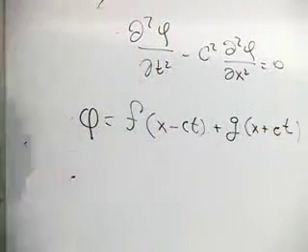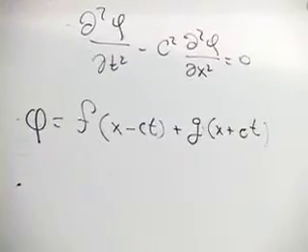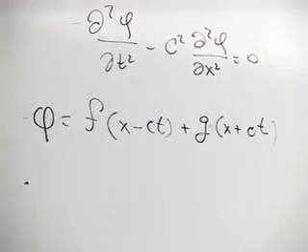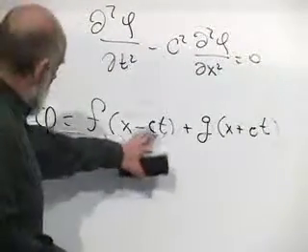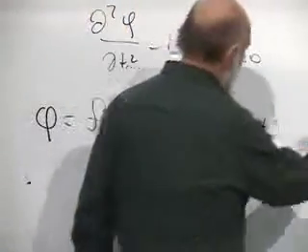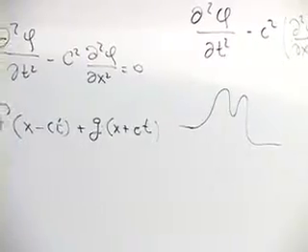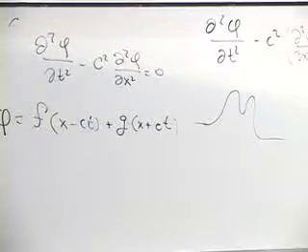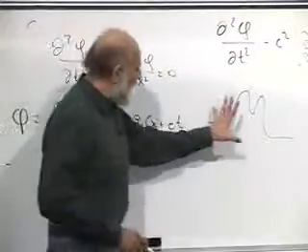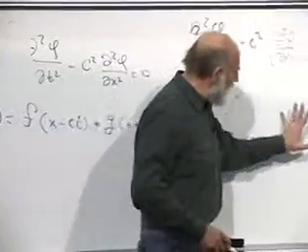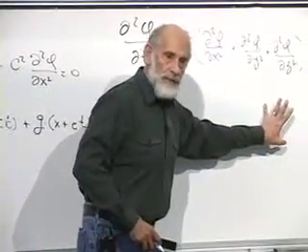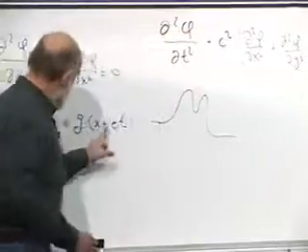What does this term describe? Right. You start at t equals 0 with any old function of x. And now, when you write function of x minus ct, it just describes exactly that same profile moving with velocity c down the x-axis. What about this one?